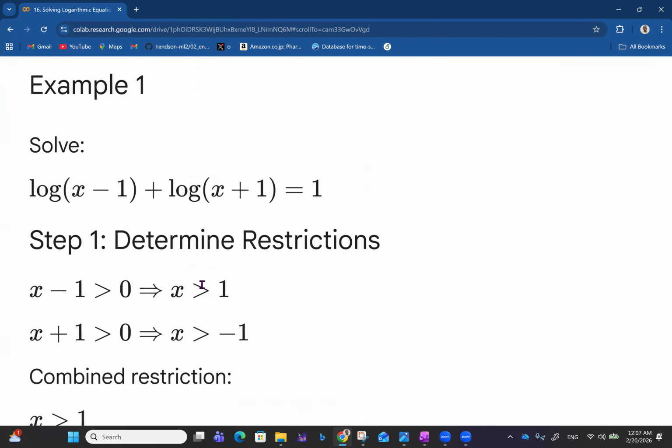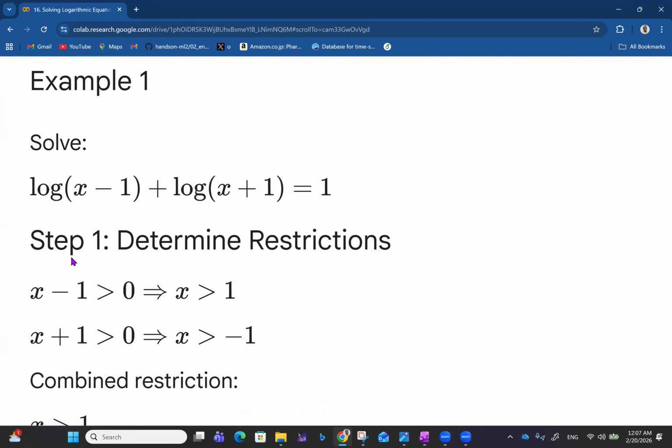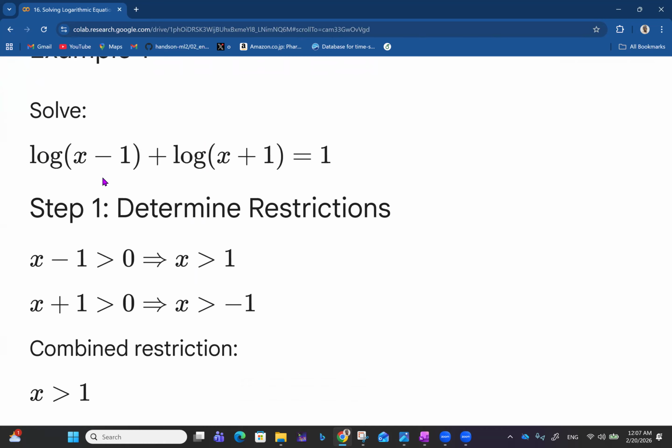So imagine now that you have log (x minus 1) plus log (x plus 1) equals 1. Before you start solving, determine the restrictions first and see if they agree. First of all, x minus 1 must be greater than 0, which means x is greater than 1. On the other hand, for x plus 1 to be greater than 0, x is greater than minus 1.